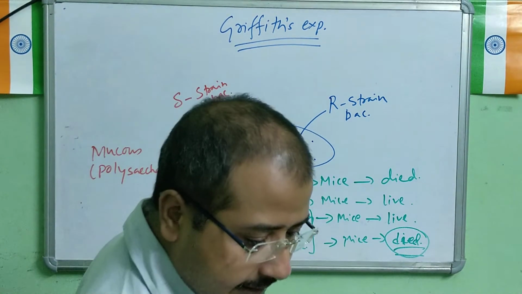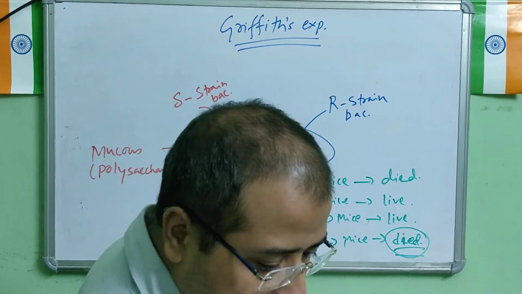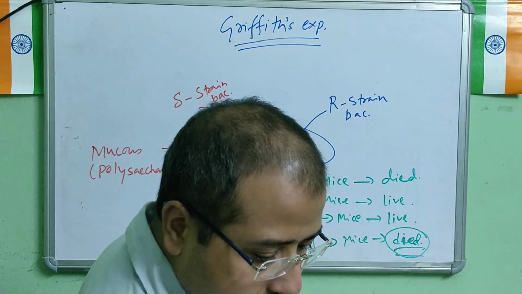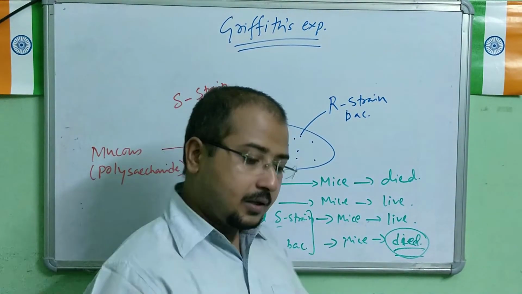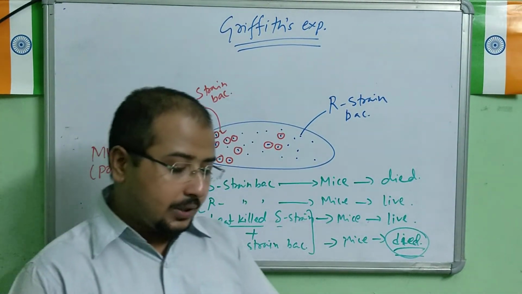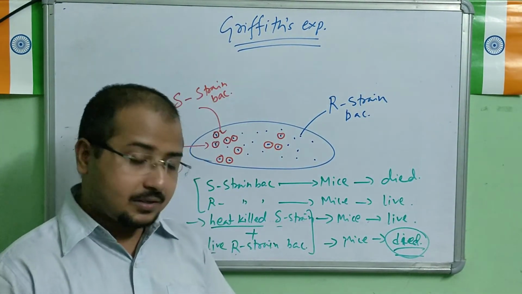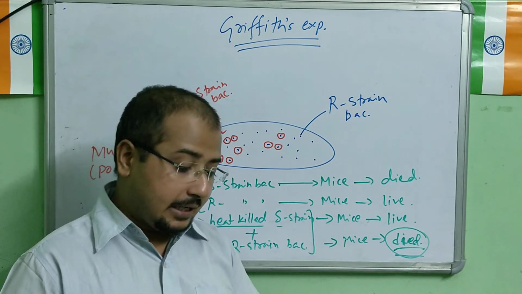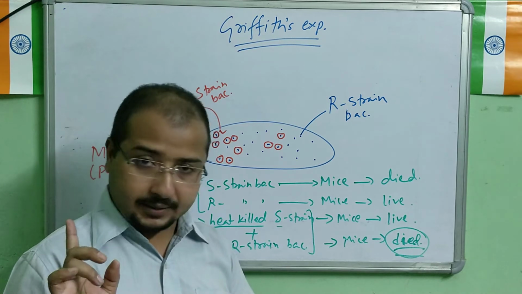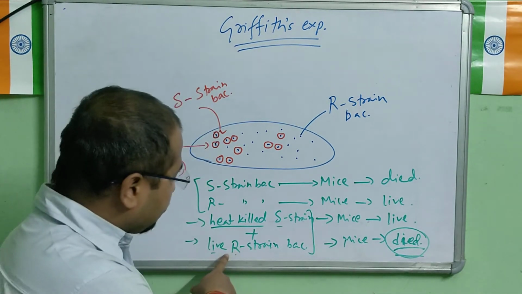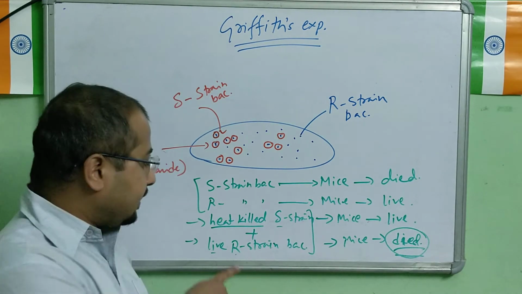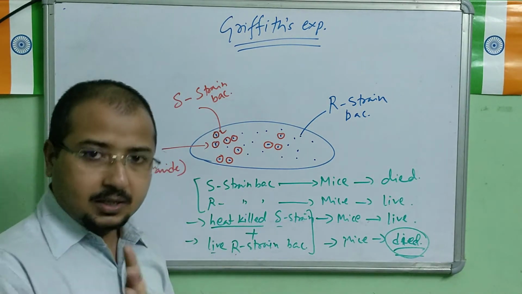Let me tell the exact term here. Yes, in our NCERT, he concluded that R strain bacteria had somehow been transformed by the heat killed S strain bacteria. So this live R strain bacteria was transformed by this heat killed S strain bacteria.